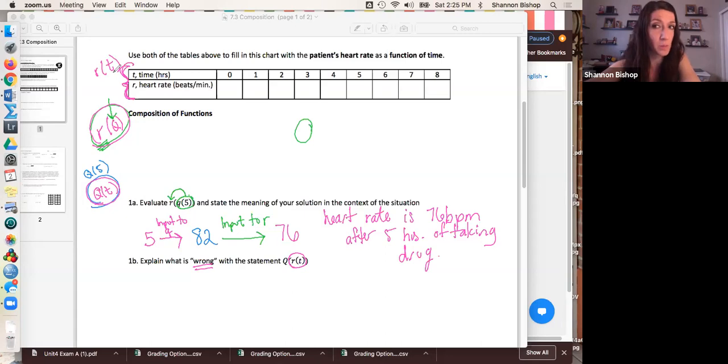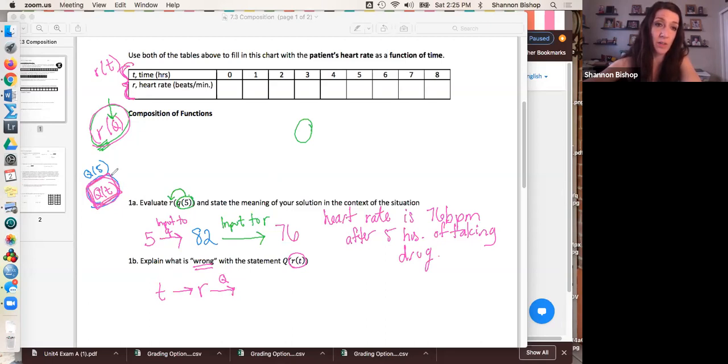So maybe that's where this problem starts. Okay, I'm willing to humor you on this one. Maybe that is where it starts. But then check it out. You plug T into that formula and the output would have been R. And then you're supposed to take that R and plug it back in to the formula named Q. Okay, but wait a second. The only formula named Q is right here.